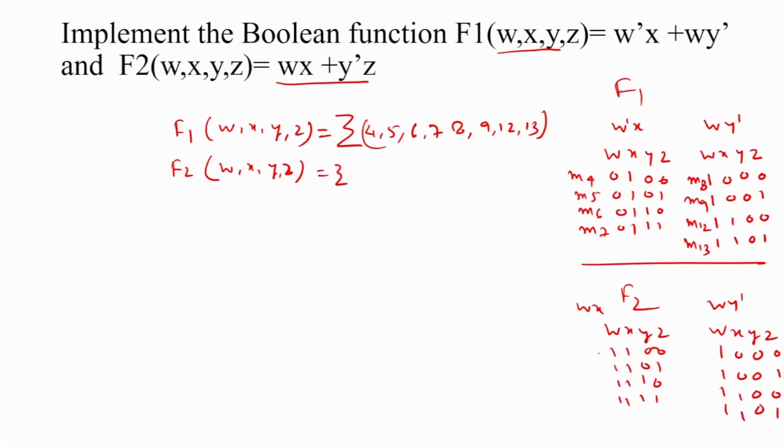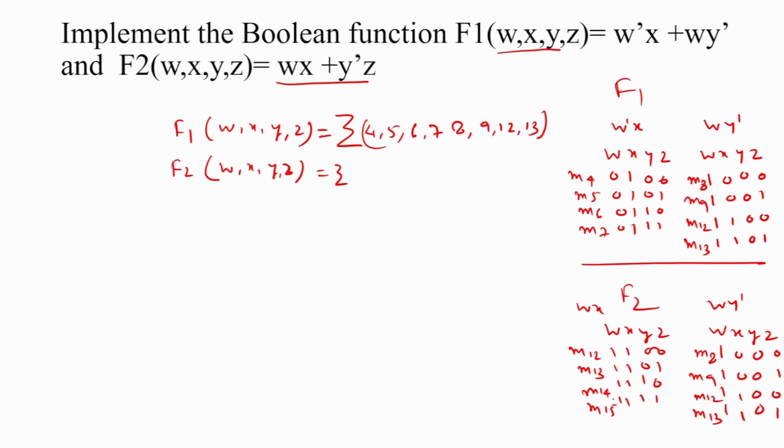This means these are min terms m12, m13, m14 and m15, and similarly this represents m8, m9, m12 and m13.